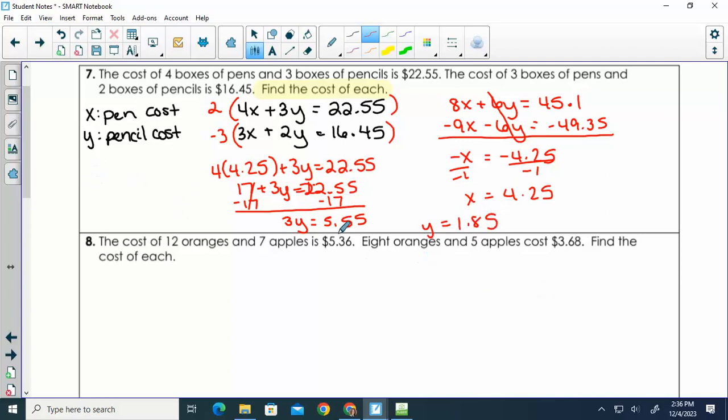I'm not making you write a total sentence, but you do need to answer the question. So a pen cost, x, was 4.25. Pencil, that was y. So that was 1.85.